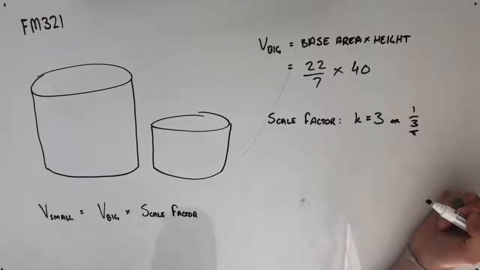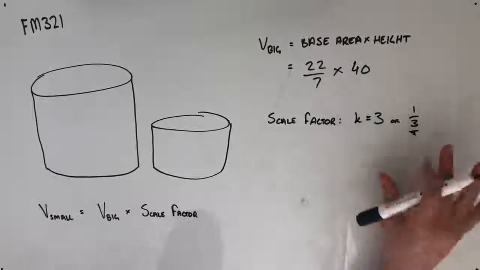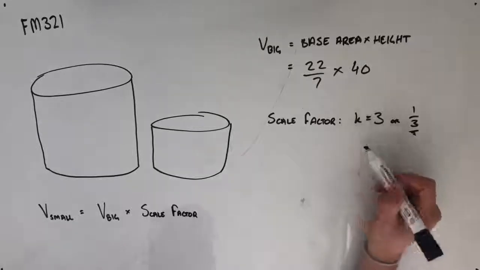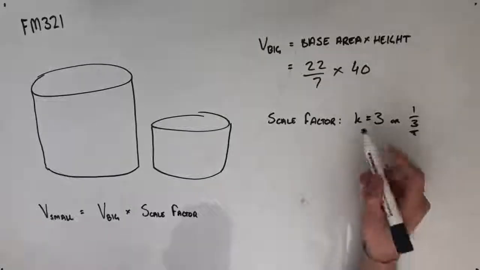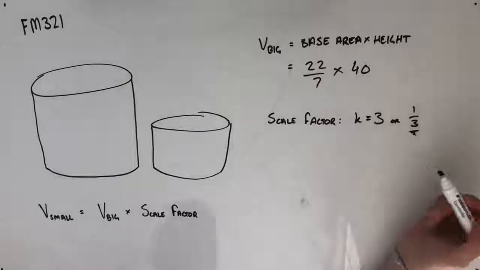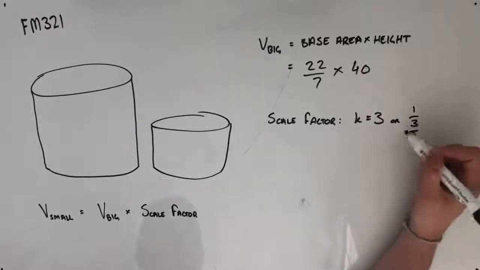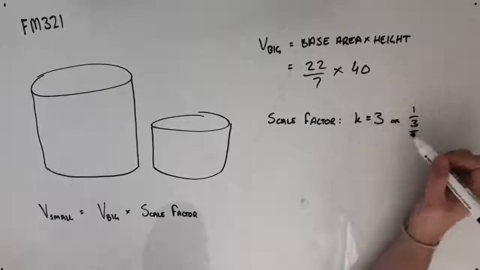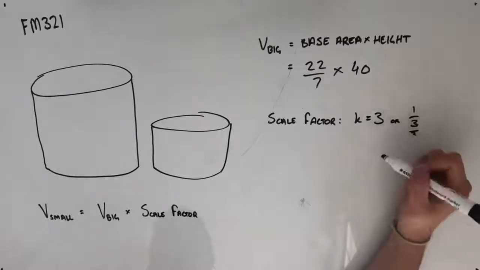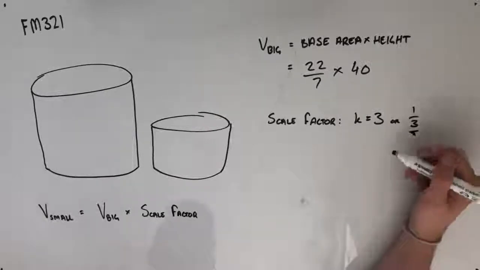Now, the other thing to think about here is also that K, or our scaling factors as they're given to us when it's just like this, is one-dimensional. So this 1/3 and this 3 applies when we're trying to change one-dimensional lengths.